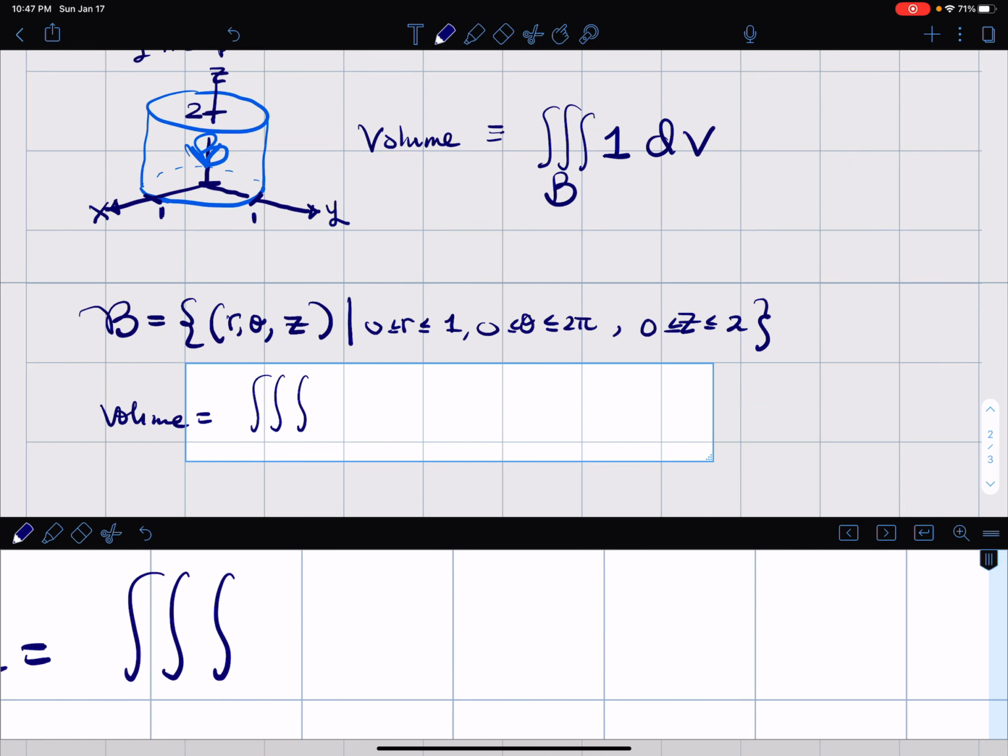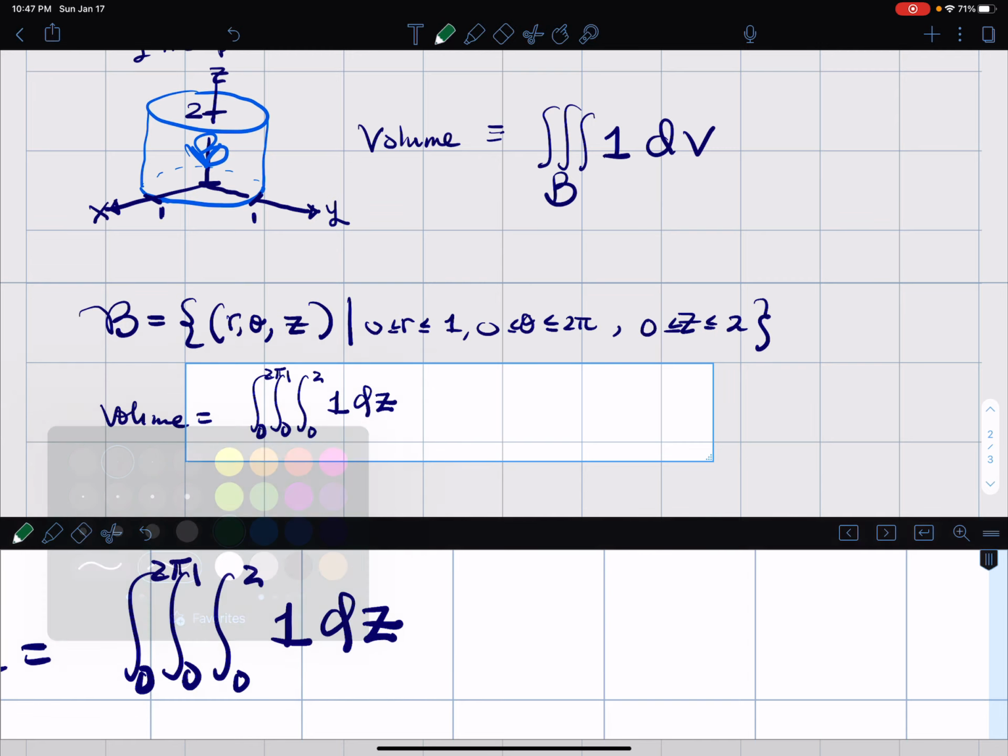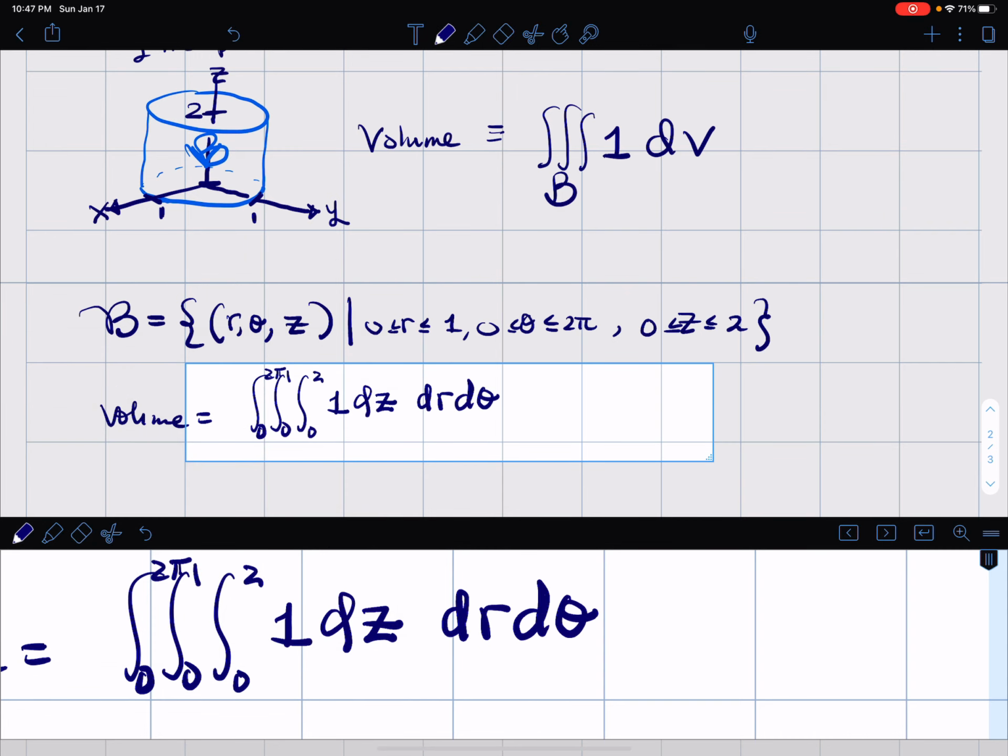Okay? So our volume that we're looking for is, let's rewrite this integral here. So the integral, let's start with z. z is going to go from 0 to 2 of 1 dz. And then r is going to go from 0 to 1, and theta is going to go from 0 to 2 pi. But remember, we're doing polar coordinates, cylindrical coordinates being just an extension of polar coordinates, so you have to put the little r there.